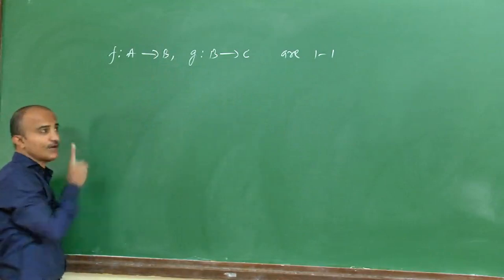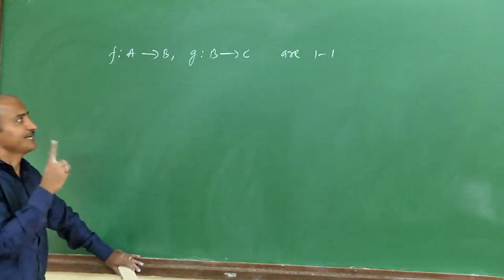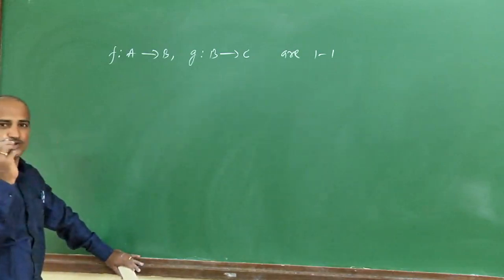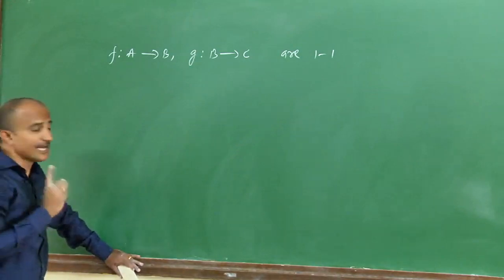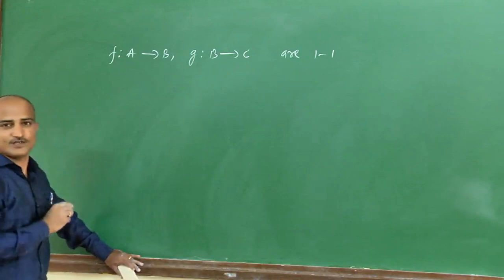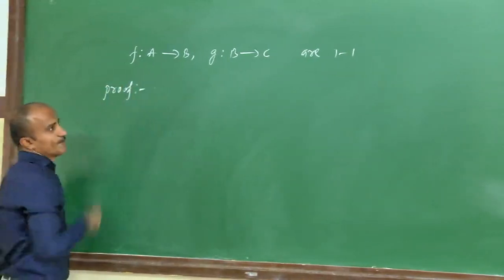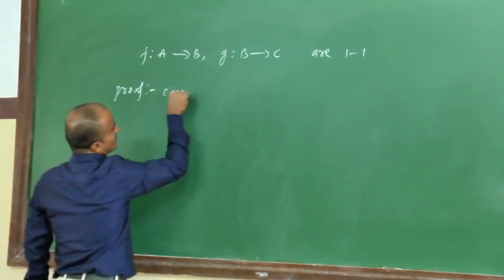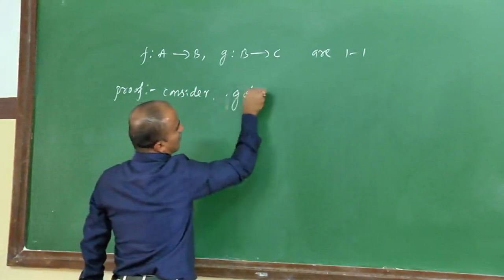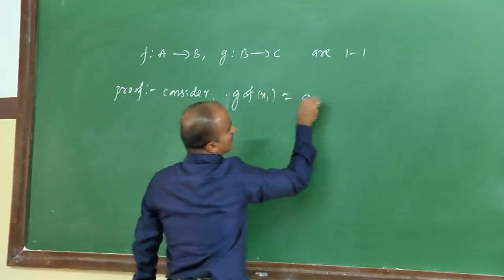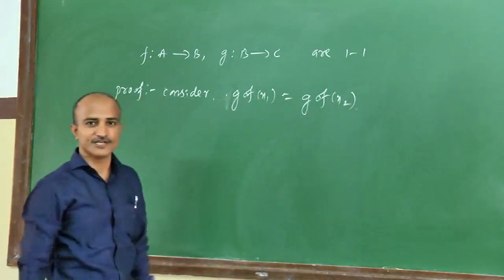Now we will show how, if f from A to B and g from B to C are two 1 to 1 functions, then gof is also 1 to 1. Now how to prove that? Consider gof of x1 equals gof of x2.